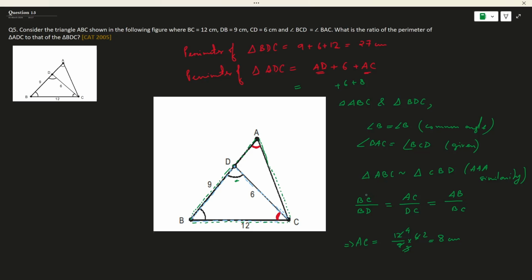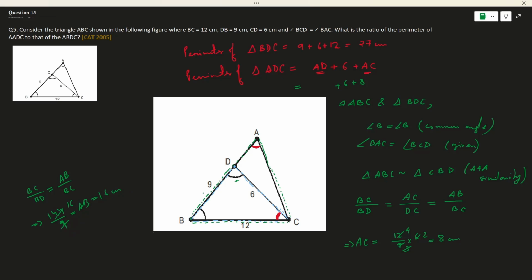Okay, now look at this. I have BC by BD is equal to AB by BC. What is BC? BC is 12. So 12 into 12 is 144. What is BD? BD is 9, so AB is equal to 144 by 9. Yes, this is divisible by 9. So AB is equal to 16 centimeters.